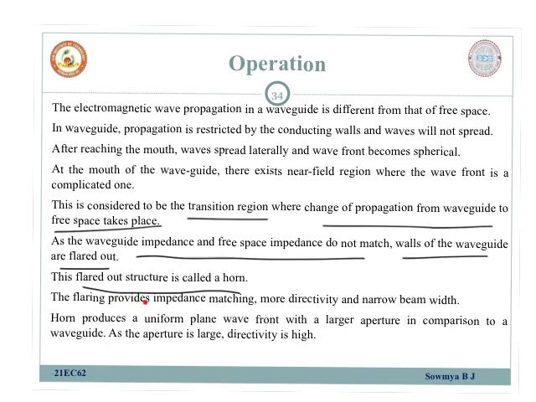This flaring provides impedance matching as well as more directivity and a narrow beamwidth. The horn produces a uniform plane wavefront with a larger aperture in comparison to the waveguide. As the aperture is large, the directivity is also high. As the aperture becomes larger, the directivity also increases.